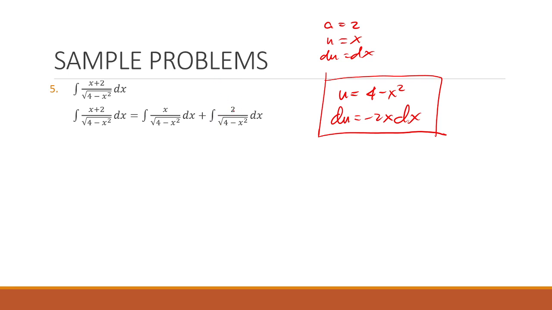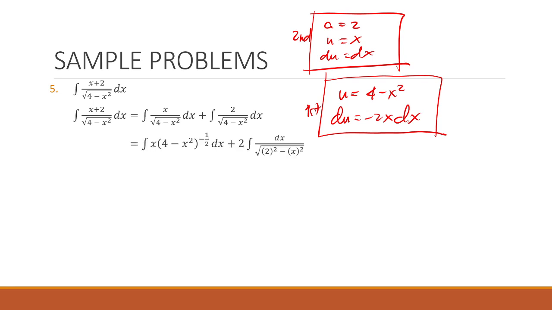And then we will now be left with dx divided by square root of 4 minus x squared, which will take the form du divided by a squared minus u squared. Tama ba? Para arc sine naman. Okay? So, ito for the first term, ito na substitution sa second term for arc sine.